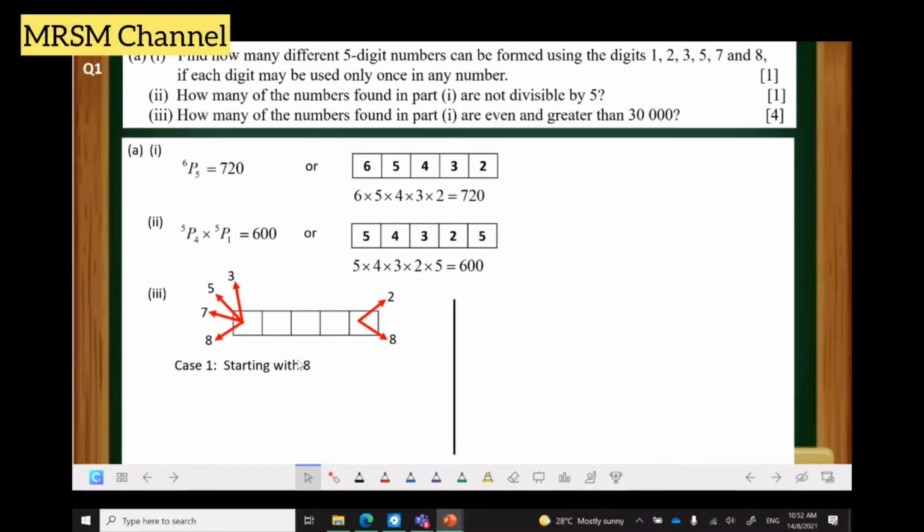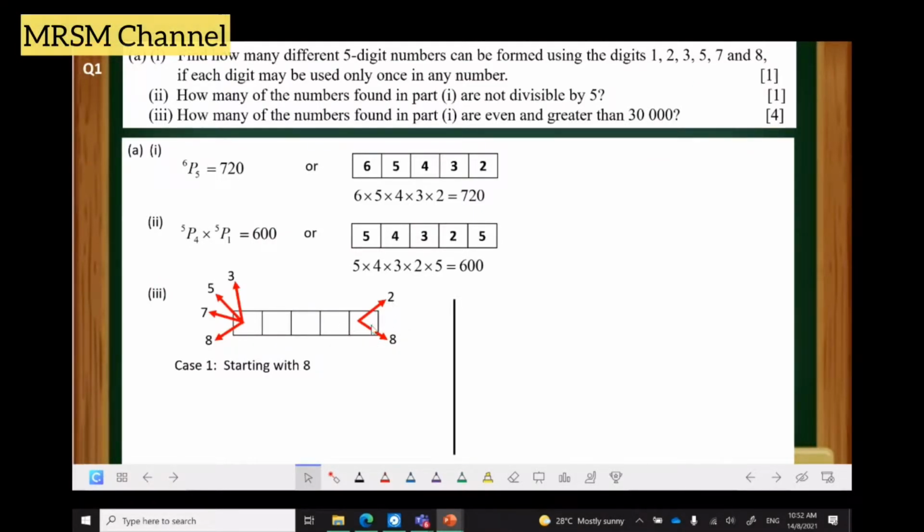We decide. The number must start with 8. So if we say the number must start with 8, it means the front must be number 8 only. At the back, because 8 must be at the front, there is no 8 anymore, we cannot use 8 at the same time.